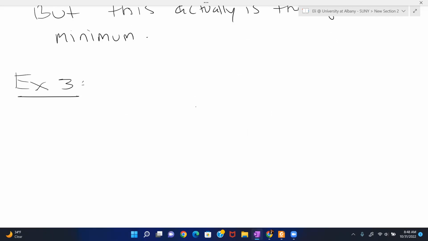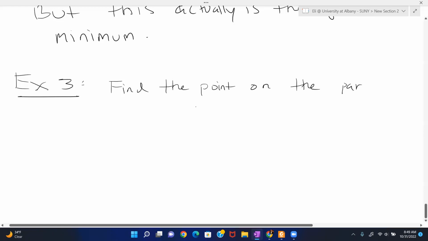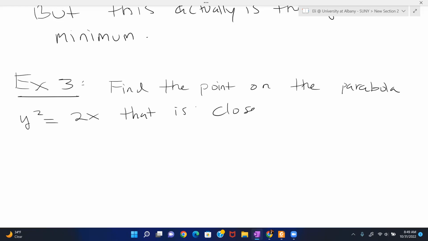We want to find the point on the parabola y squared is equal to 2x that is closest to the point (1, 4).